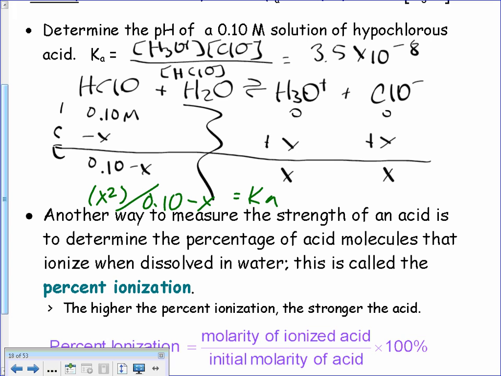But then, like I said, we're going to try to neglect. So solve this with me. Neglect, so you assume that's 0. So then X squared over 0.1 equals 3.5 times 10 to the negative 8. If you can set that up for me and then solve for X from there, you don't have to show me the baby steps of multiplying by 0.1 and then square root. So what's X?